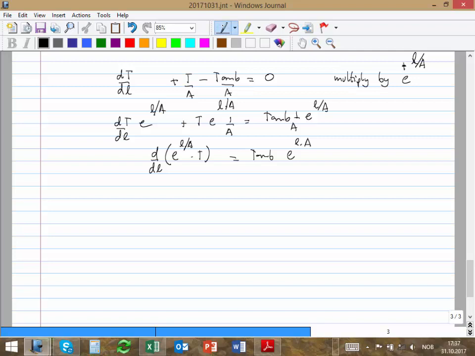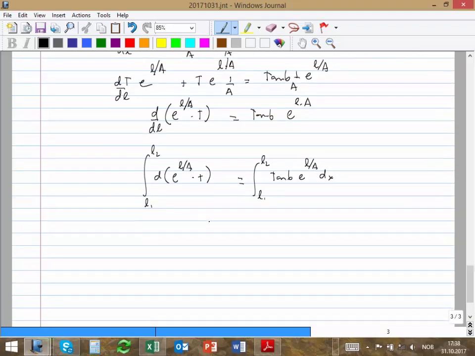Now I can do this variable separation, and now I can integrate this equation between L1 and L2, and I can integrate this equation also between L1 and L2, and I get T ambient dx, and d of e^(L/a) times t.